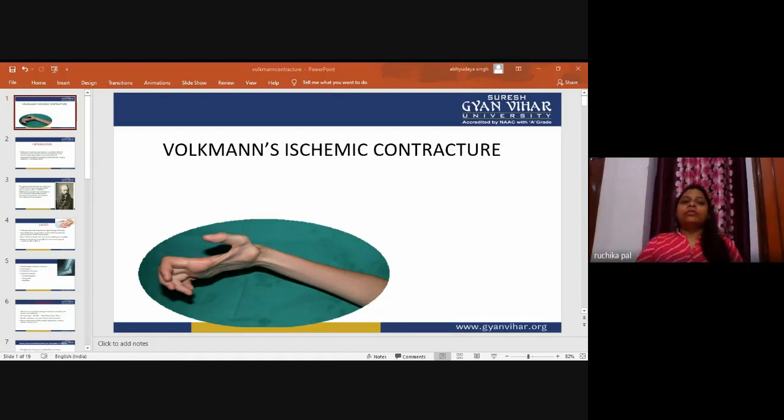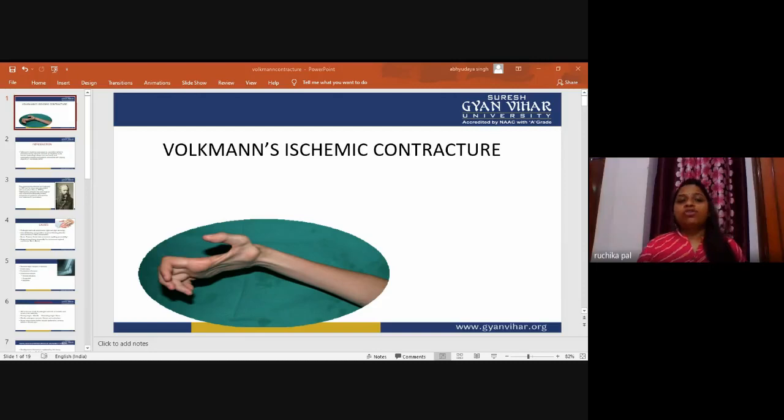If we talk about Volkmann ischemic contracture, the definition is that it is a deformity of the hand, finger, and wrist which occurs as a result of trauma such as fractures, crush injuries, burns, and arterial injuries.